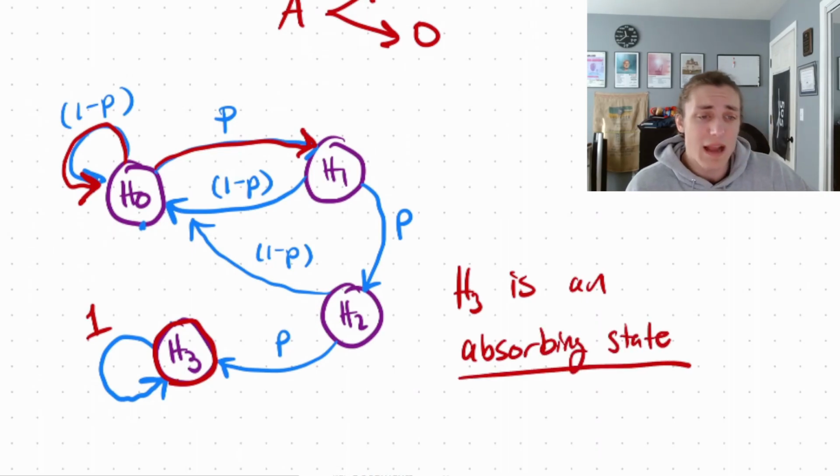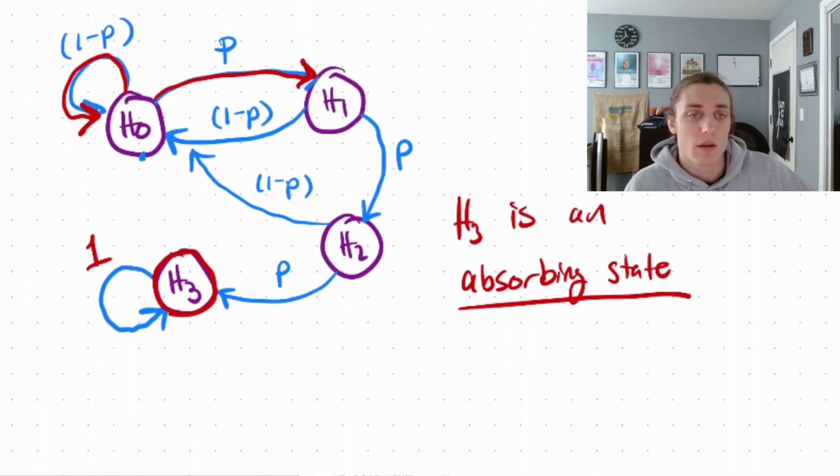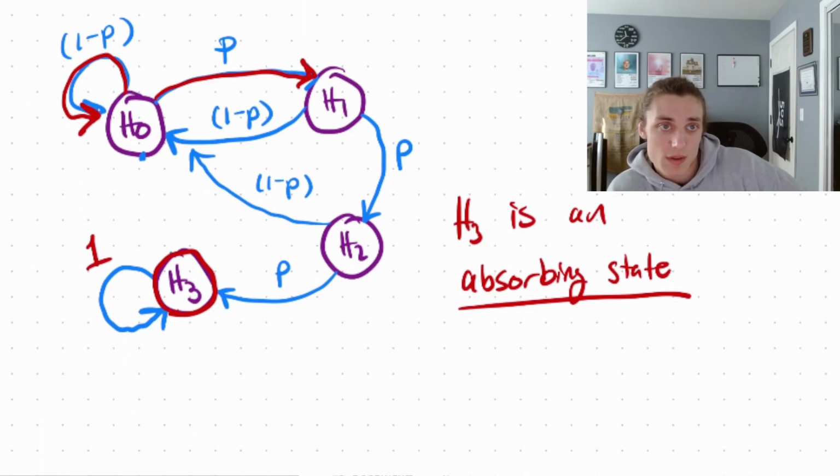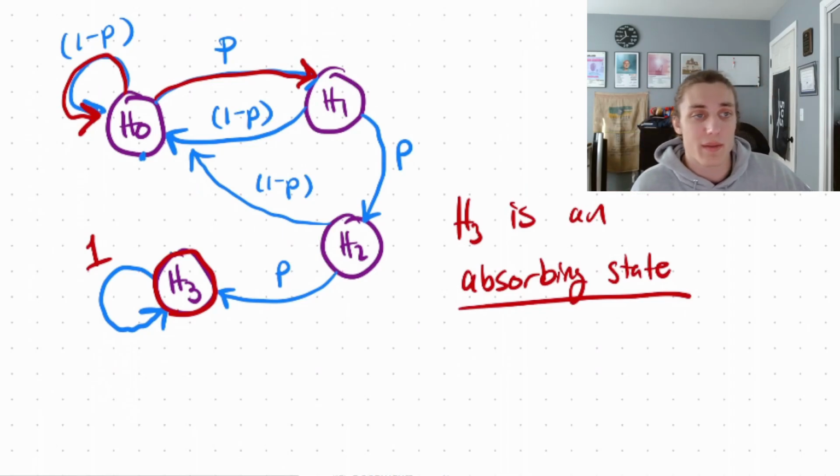Okay? There's a lot going on under the hood here. Mainly things to do with accessibility, communication, and transience versus recurrence, but I don't want to talk all about that. I want to just show you this applied example, okay? What do I mean that H3 is an absorbing state? Well, think about it. If I flip a coin forever, what state do I have to end up in forever?